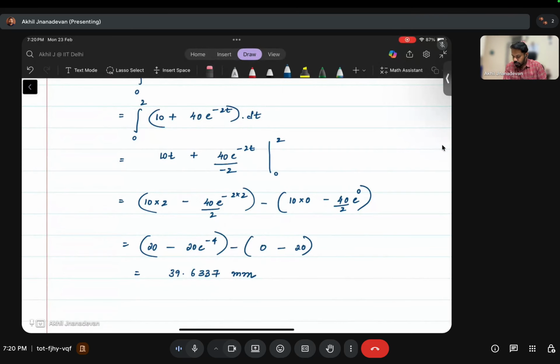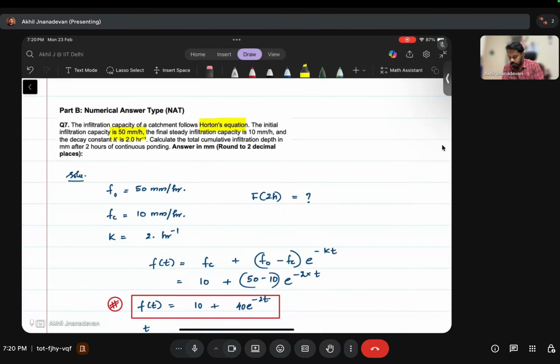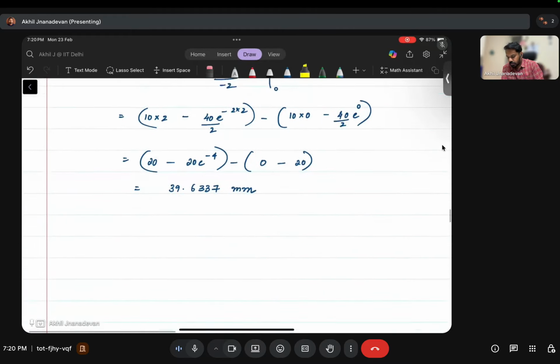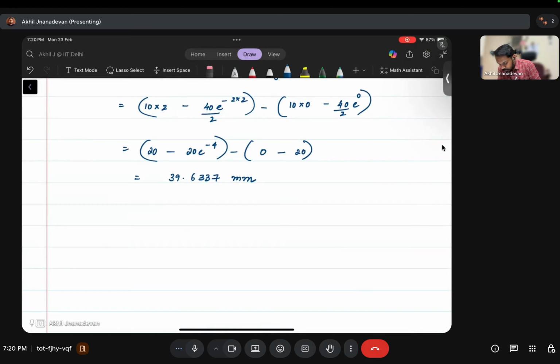Since we are asked to report the answer to 2 decimal places, F after 2 hours is equal to 39.63 mm.